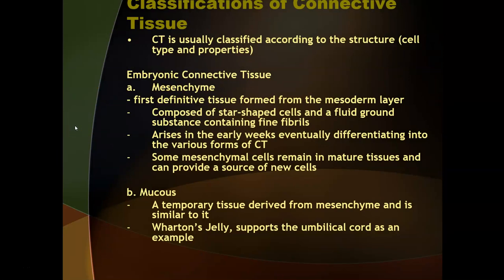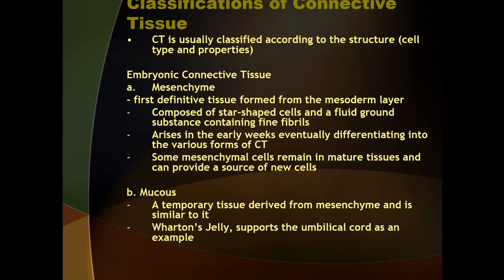So when we look at breaking connective tissue down, it's the same as when we looked at epithelial tissue. We looked at single layer, simple types of epithelium. Where were they in the body? What was their role? And that's what we're doing here in terms of classifications. It's usually classified according to the structure or the cell type and properties. The first are the early stages developing inside mom, and these are known as embryonic connective tissues.